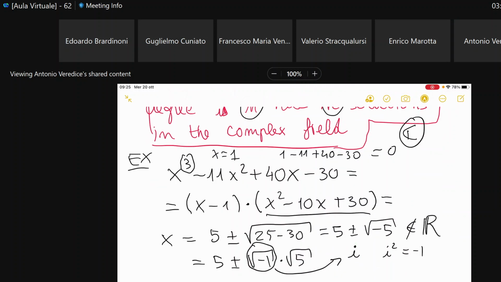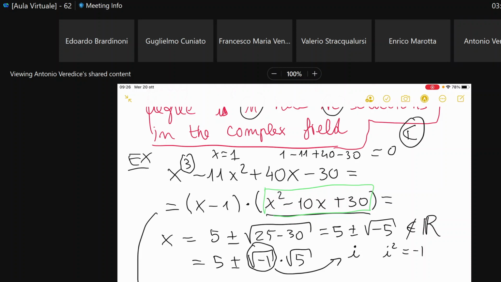So the solution to this equation exists in C, okay? And we can write that x is 5 plus or minus i times square root of 5. So this second degree equation has solutions in C, and it has actually two solutions in C: 5 plus i times square root of 5, and 5 minus i times square root of 5.